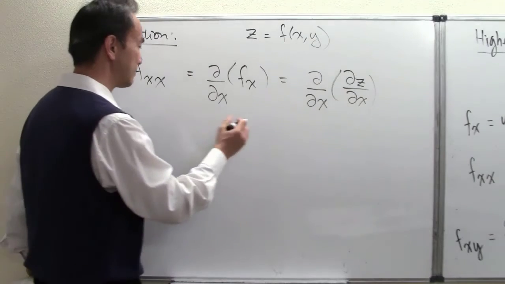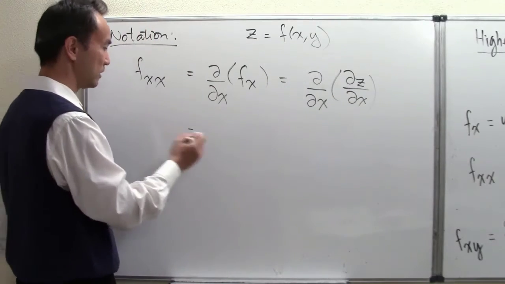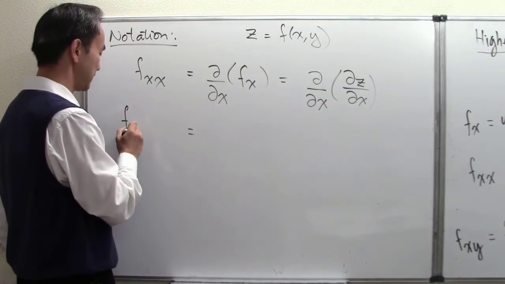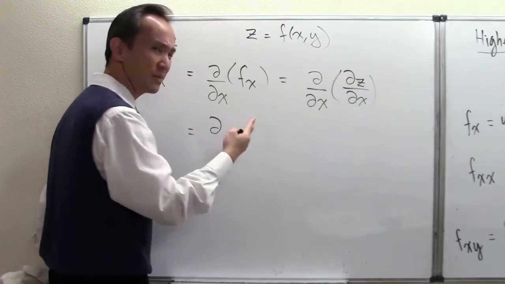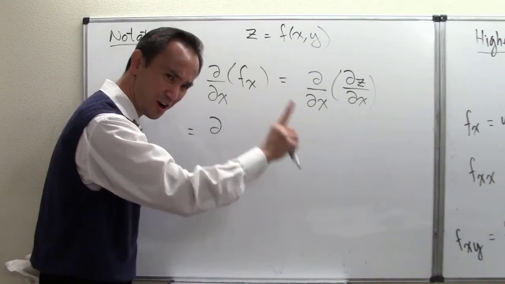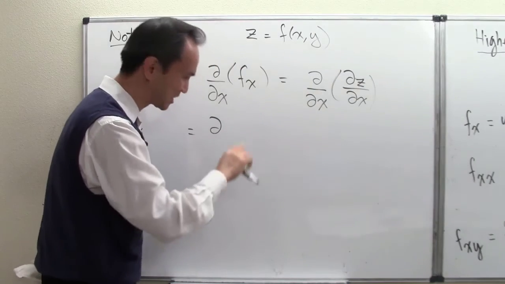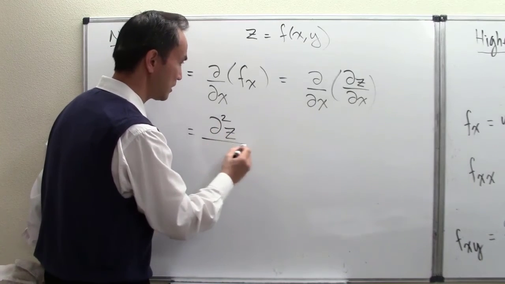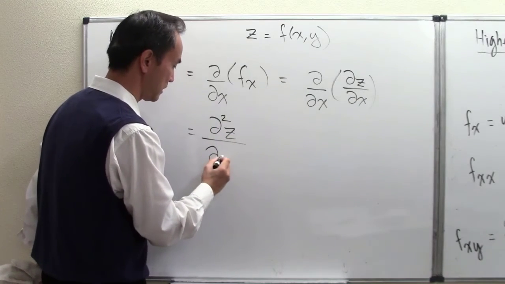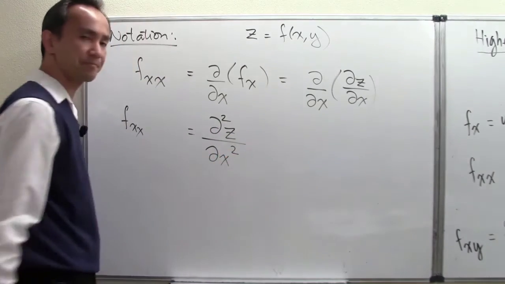And now the Leibniz symbol for this. Be careful a little bit that f sub xx, we're writing that as d and d together, similar to multiplication. It's not really multiplication, but similar. It's d squared z over dx squared.